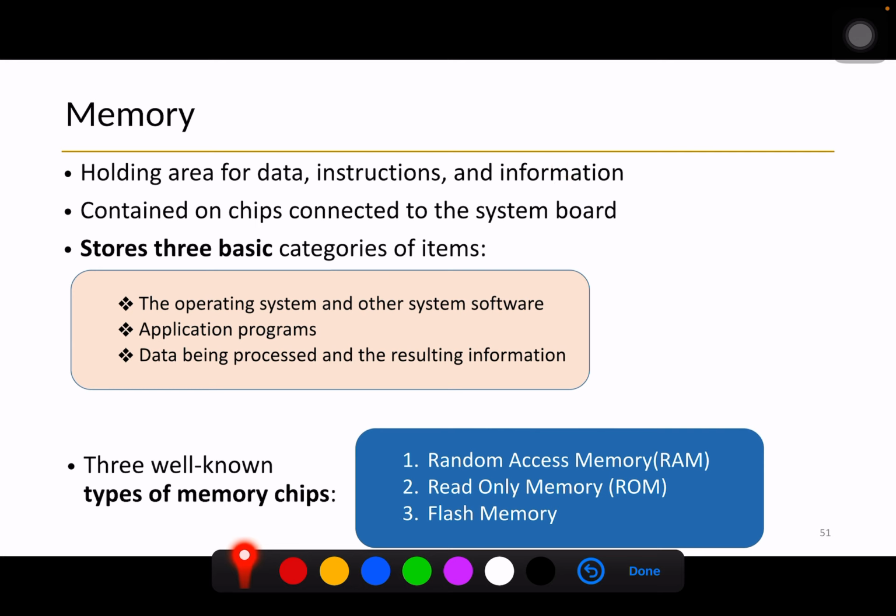There are 3 types of memory that store 3 basic categories of items: the operating system, application programs, and data being processed. When we talk about memory here, these are the main memory. We are not talking about SD cards or what is called a memory card, no. We are not talking about those that can store pictures. We are talking about the main memory. So what is main memory?